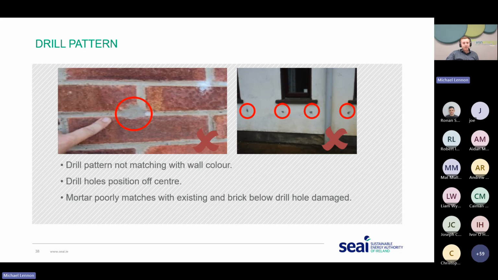So we're trying to match the drill pattern and the wall color together. The likes of this one being off center on the joints of the brick, or the mortar not matching the existing one as well. So it's just something to talk about with the homeowner. They might decide they want to paint the property after, or may not. It'll just be part of your discussions.